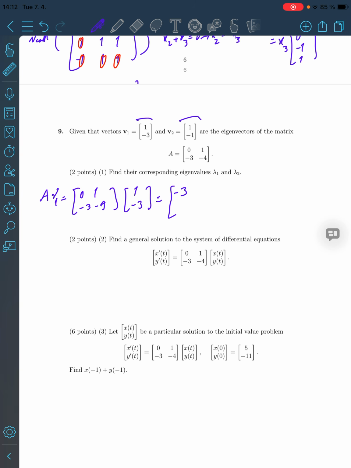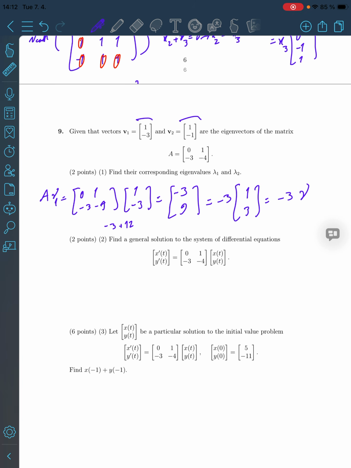Which is equal to negative 3, and then here you have negative 3 plus 9, right? Which is equal to, if you factor negative 3, here you have 1 and negative 3, which is basically negative 3 v1, right?